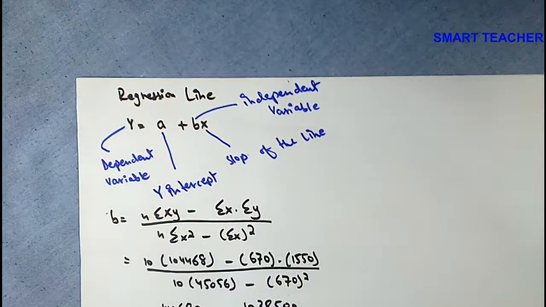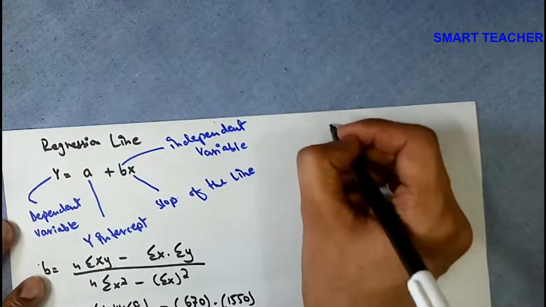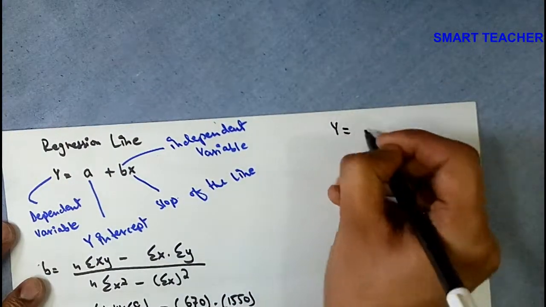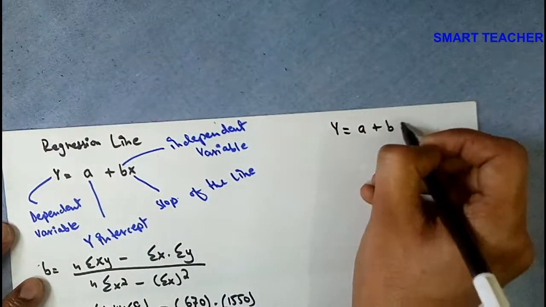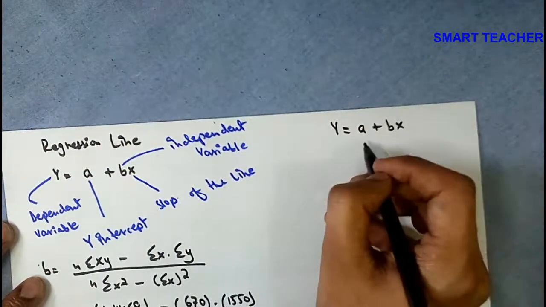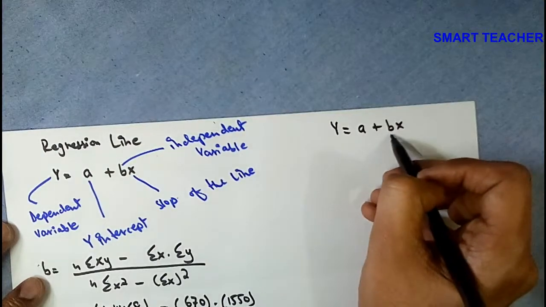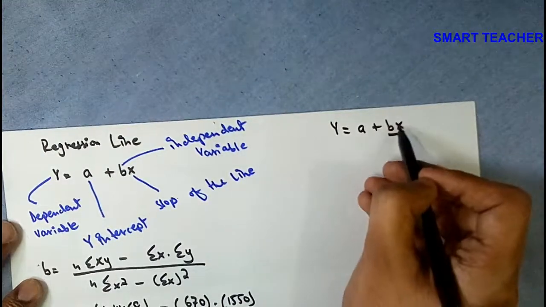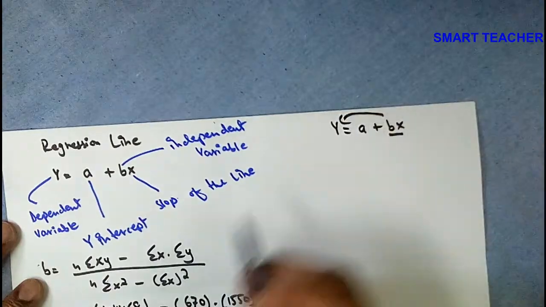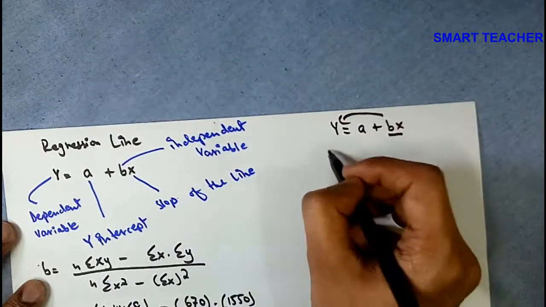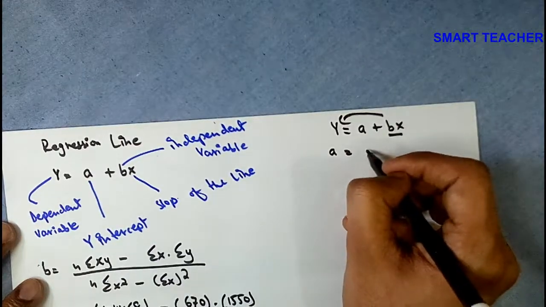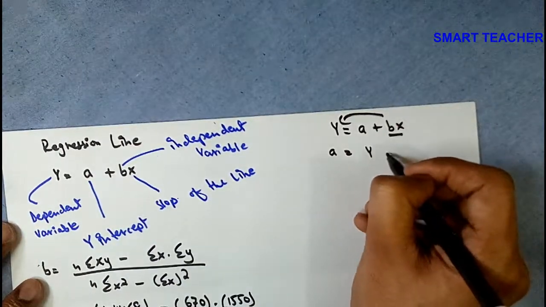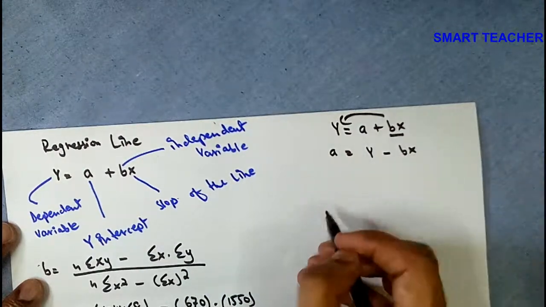So by writing the formula of the regression line, y is equal to a plus bx, just take the value bx to the left side. The formula will be like this: a is equal to y minus bx.